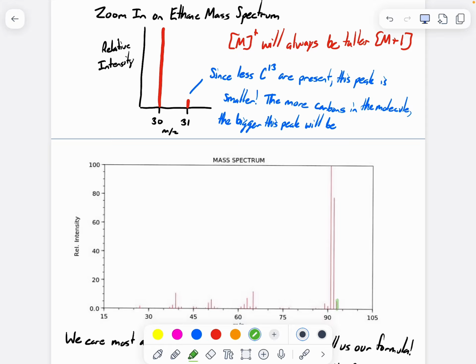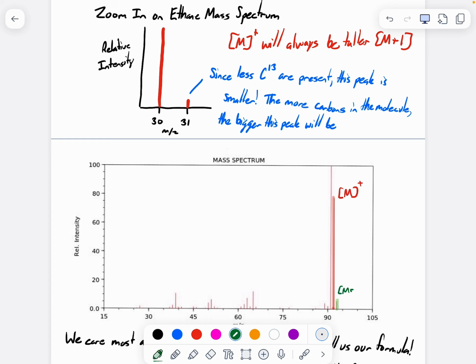he's pretty short. Right? The one directly to the left of it, that's only 1 unit different, is much, much taller. And so when we look at this, this is an indication that small peak is not our molecular ion peak. It must be our M+1. Right? The one that we have highlighted in red, that would be our molecular ion peak.